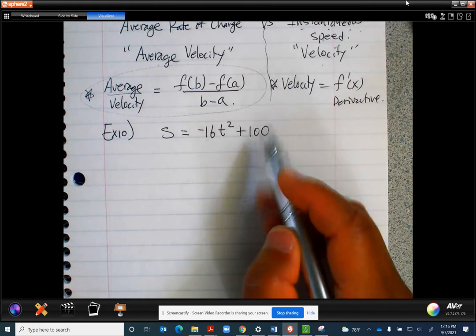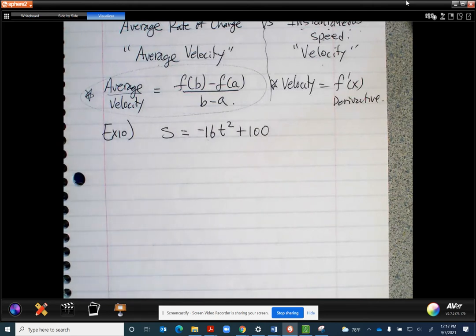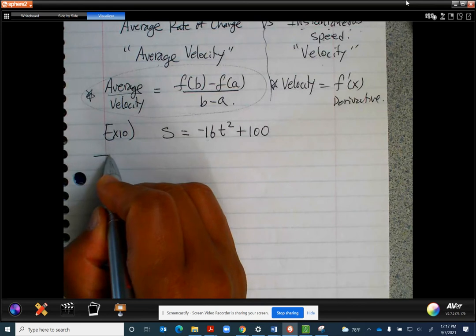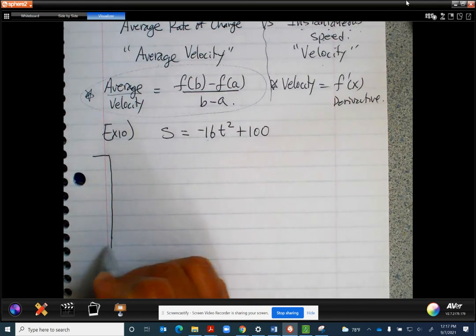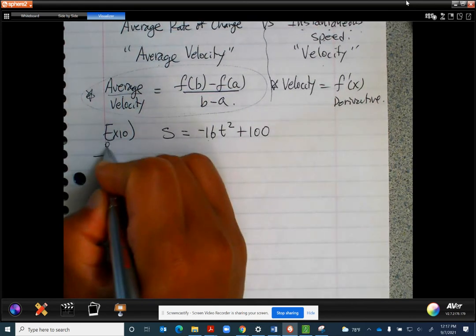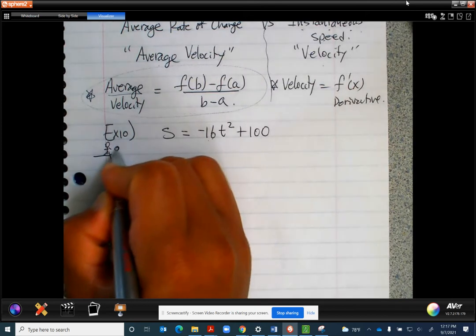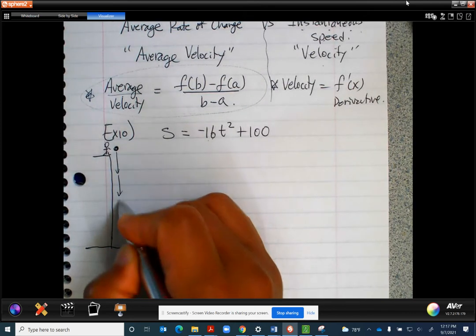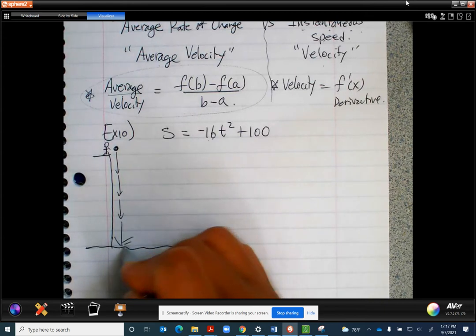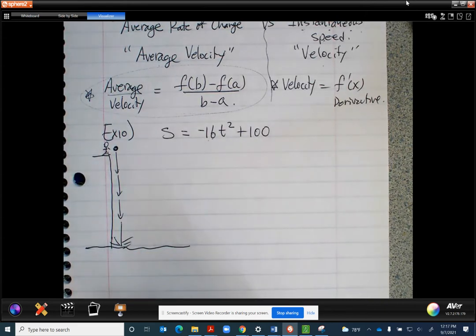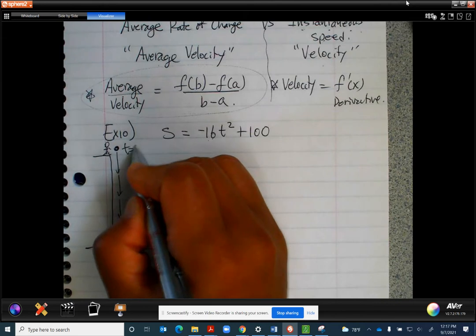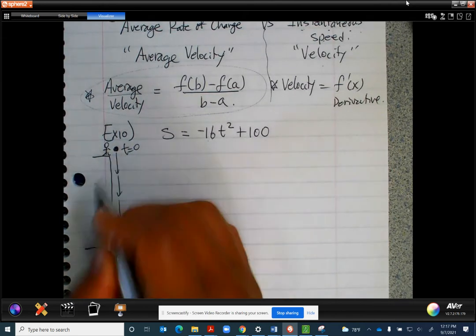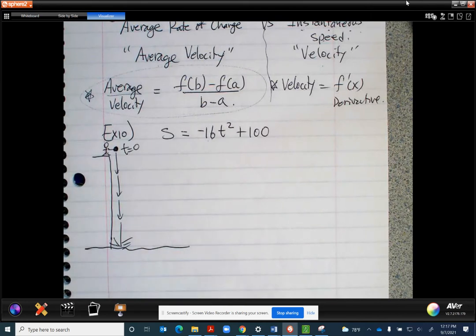Remember I told you to visualize your problem? Basically, this is what's going on. Here's a cliff. You're standing on the cliff, holding this ball, and you're dropping it to the ground. Time equal to 0 means at that moment, in the beginning, you're holding on to the ball in your hand.